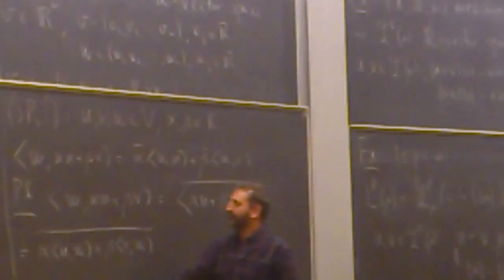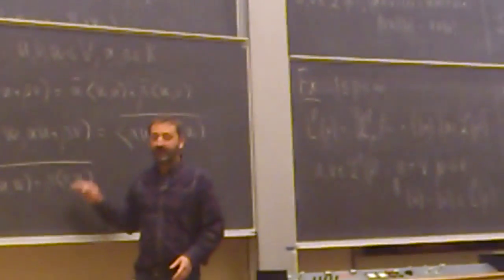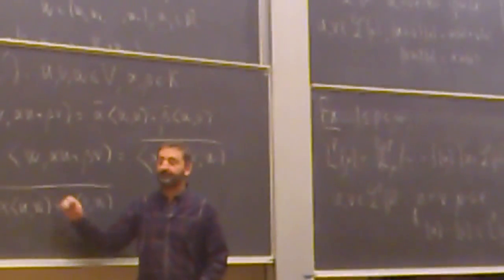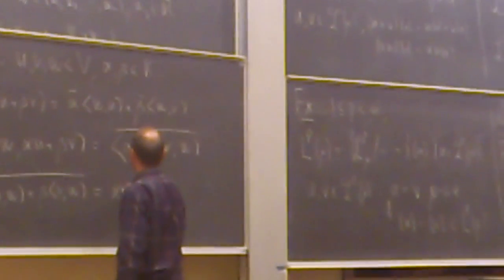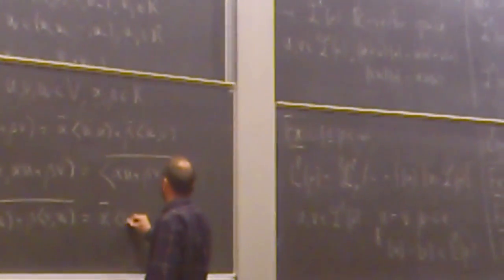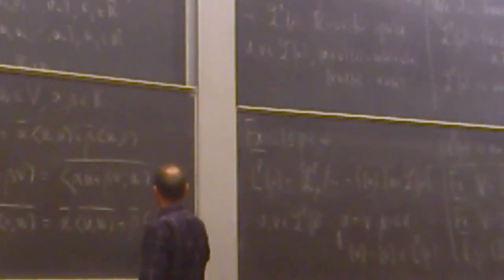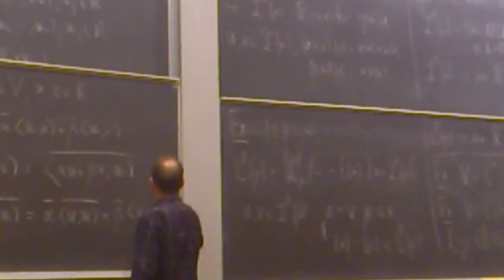So we will use many things about complex numbers, but that means that if I look at this expression, I can take the complex conjugate on each summand and afterwards on each factor. So this is the same as alpha complex conjugate times u w complex conjugate plus beta complex conjugate times v w complex conjugate.